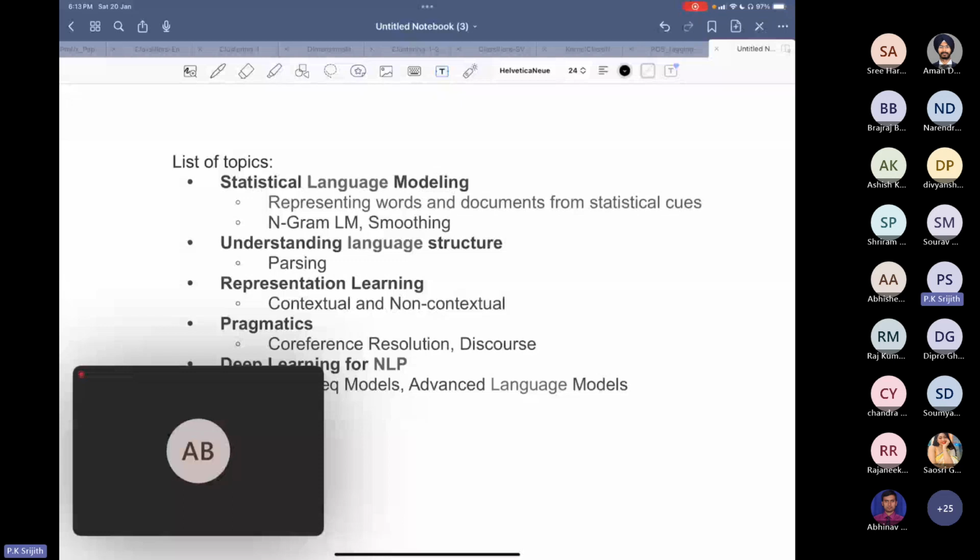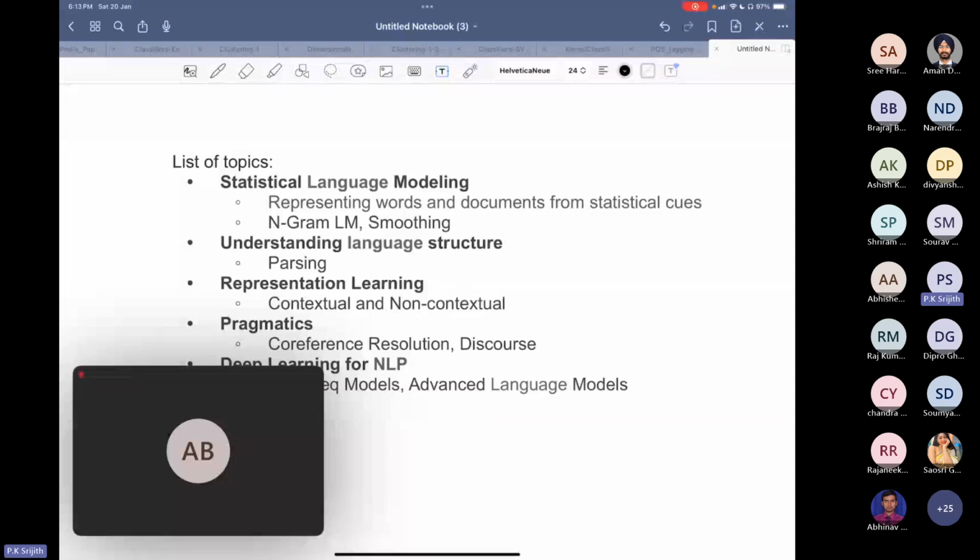To start with, these topics include how to represent documents and words using statistical approaches like bag of words, and also looking at different n-gram models.